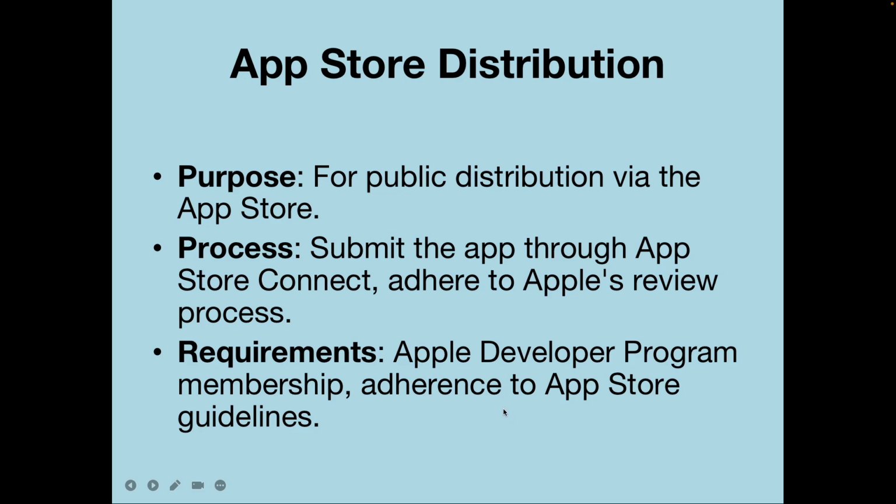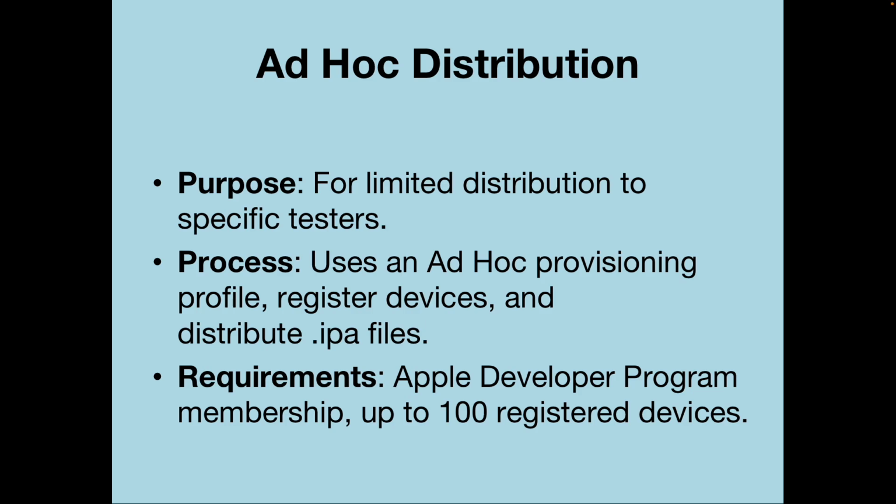Another method is ad hoc distribution, which is ideal for limited testing. If you are a company or organization, before releasing the app to your employees or to the public users, you can use this distribution method called ad hoc distribution to distribute the app to only specific testers or specific users for the purpose of testing.